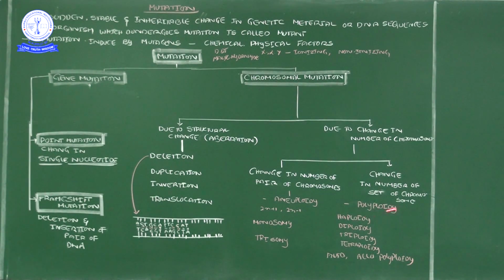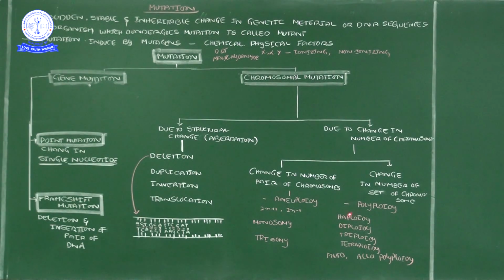Okay, and then polyploidy, when you come to the change in the number of sets of chromosomes, that we call polyploidy. Here we can say about the total sets of chromosomes, 23 sets of chromosomes we want to say. So total number of sets.